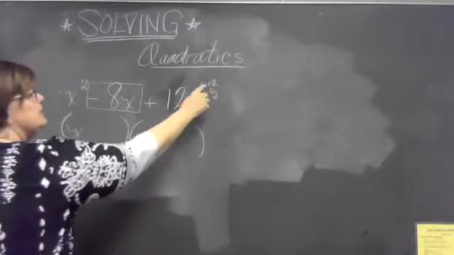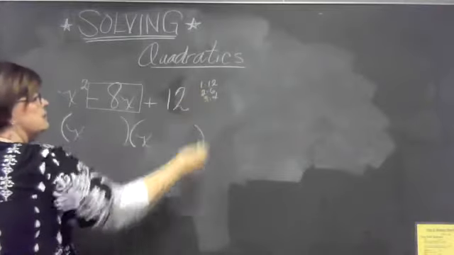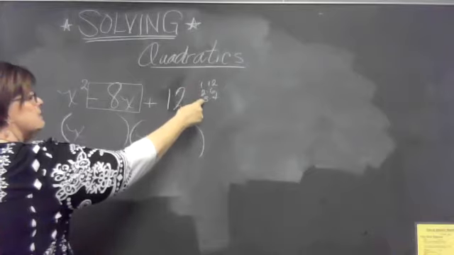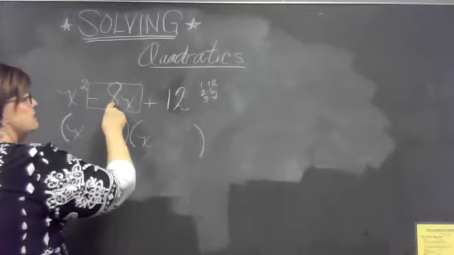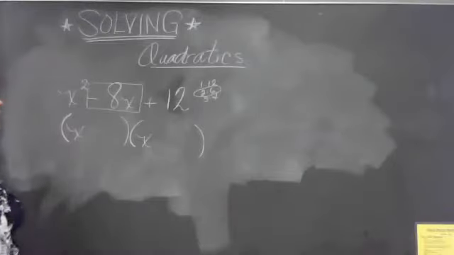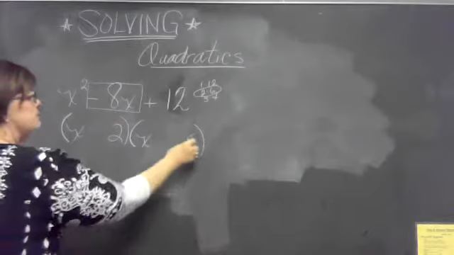So we have to look at each one of these pairs. This is just a review. Look at each one of these pairs and decide which pair will add or subtract to give me 8. And 2 and 6, if I add these together, I'll get 8. And so those are the numbers we use in the back of our parentheses.